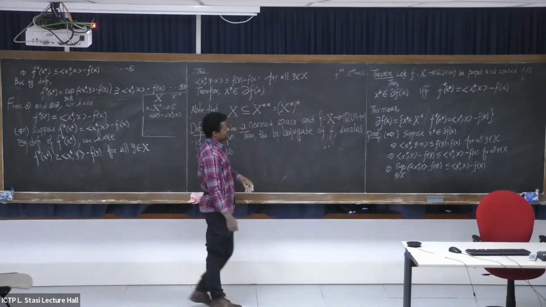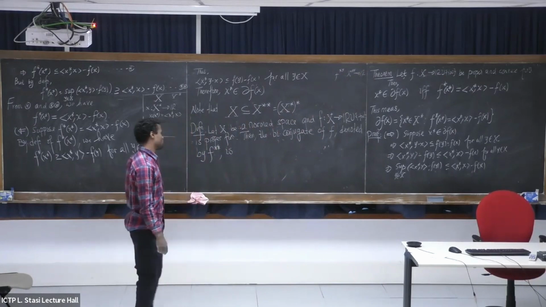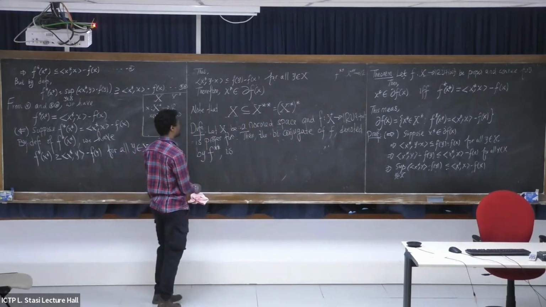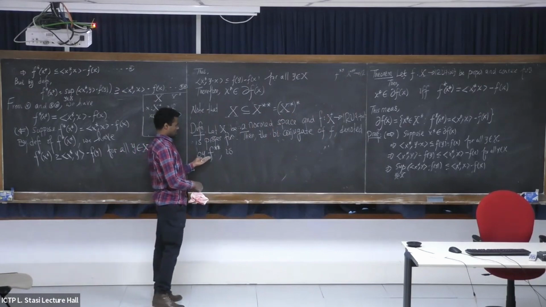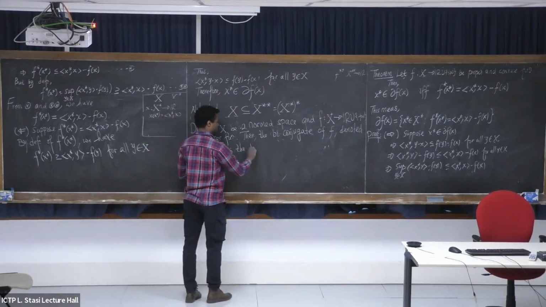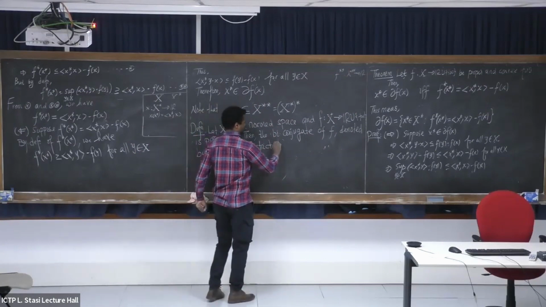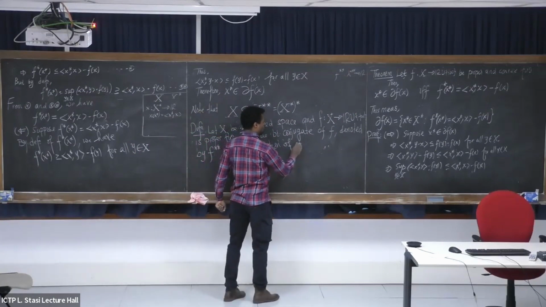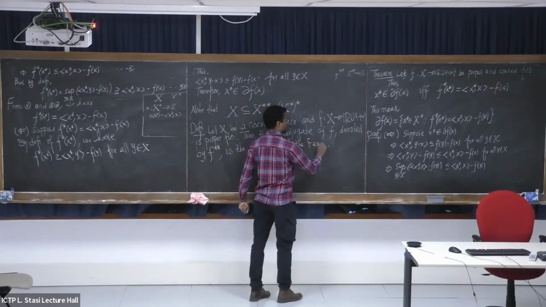So just to discuss several problems, since we have several reflexive spaces, the biconjugate of f is the restriction of the Fenchel conjugate.